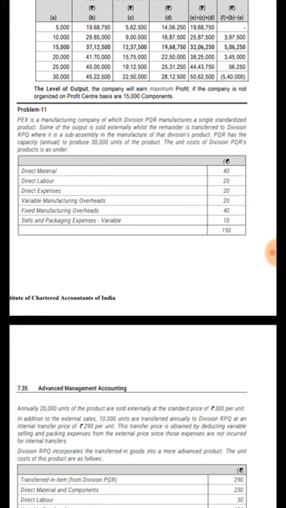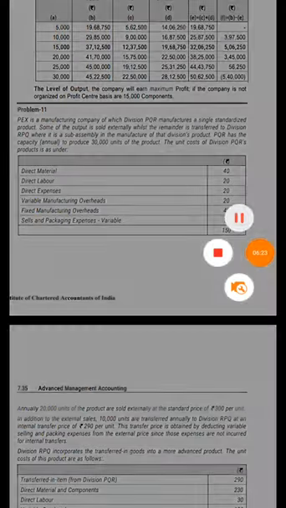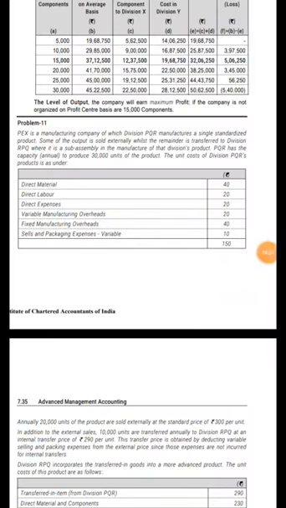That is what the RPQ division is arguing: if PQR is able to sell outside at 300 rupees, why can't the division RPQ accept it at 300 rupees?